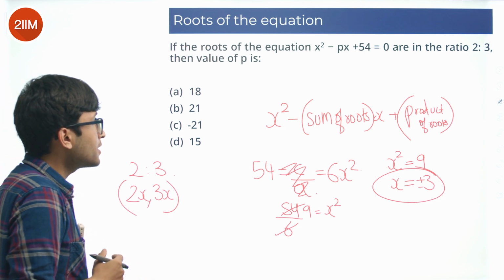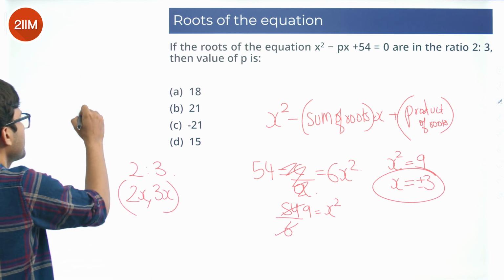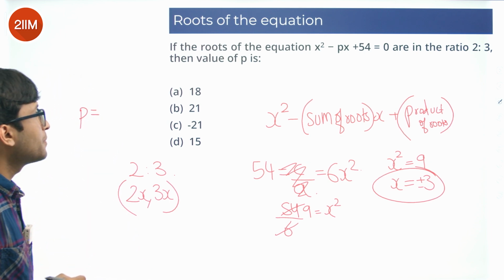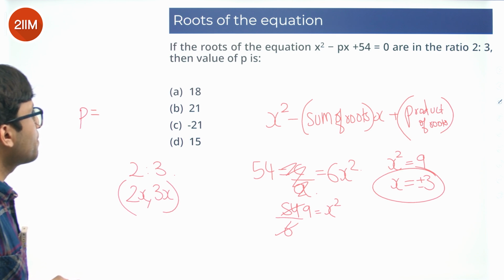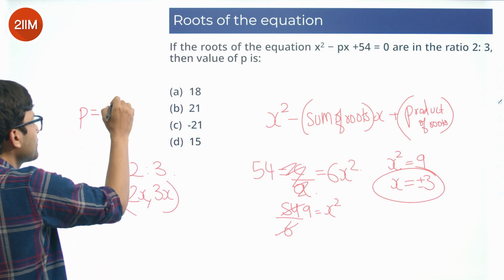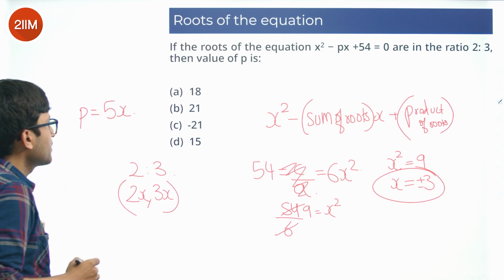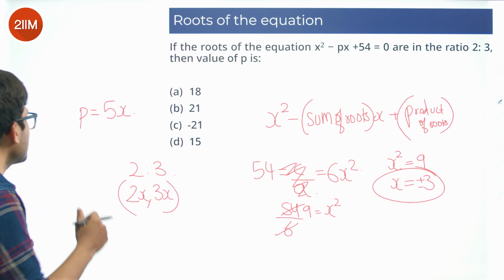So the next part is the sum of the roots, which is equal to minus b by a, which will be equal to p. p is equal to 2x plus 3x, which is equal to 5x. So p is equal to 5x, and I know the value of x is plus or minus 3.